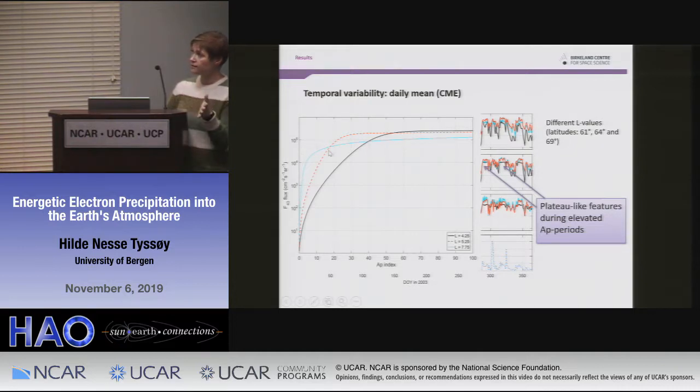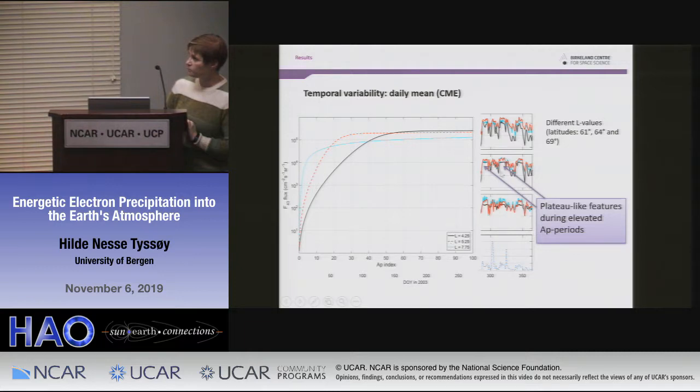I've also done the same exercise for the loss cone fluxes, and I don't show it here, but from 30 AP to about 80 AP, it increases by an order of magnitude. It flattens, but it's still an increase. So they disagree in terms of how the fluxes behave as a function of AP.